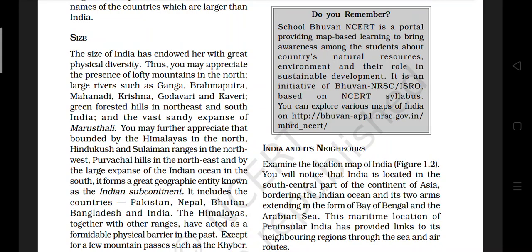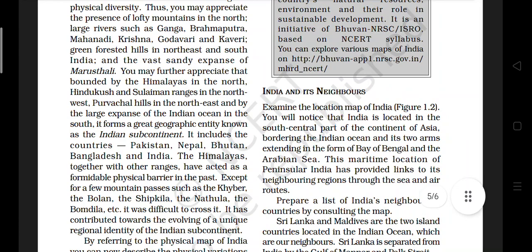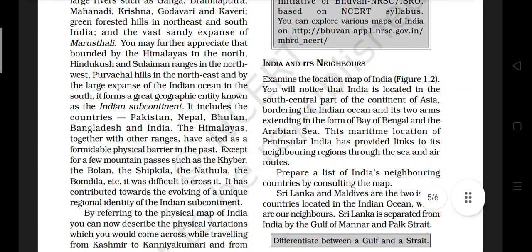The size of India has endowed her with great physical diversity. Thus, you may appreciate the presence of lofty mountains in the north, large rivers such as Ganga, Brahmaputra, Mahanadi, Krishna, Godavari, Kaveri, green forest hills in northeast and south India, and the vast sandy expanse of Marusthali.